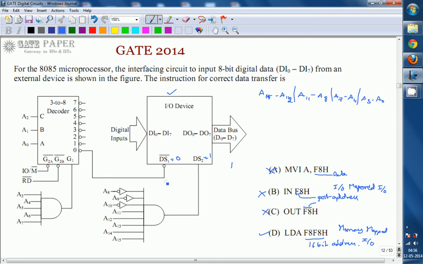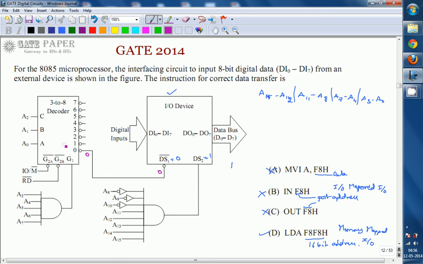To select this I/O device, DS1 bar has to be 0 and DS2 bar has to be 1. So DS1 bar is equal to 0. That is, here you must get 0, and because this is also active low, this will be selected.